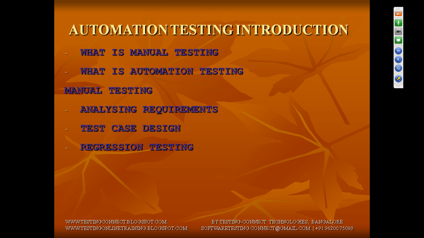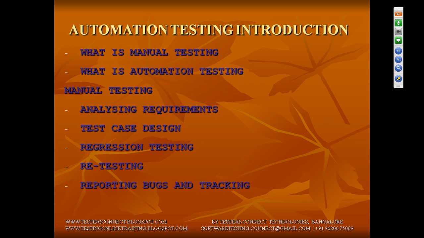Okay, and retesting: while performing regression testing, if you find any mismatches, you can report them to developers for fixing. Along with this, weekly status reports, daily status reports, conference calls and meetings are all the different roles you will be playing in manual testing.